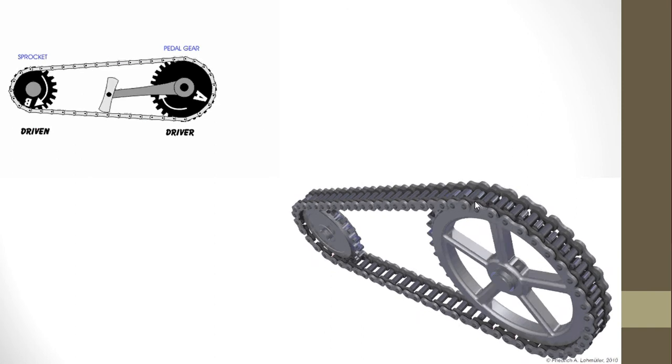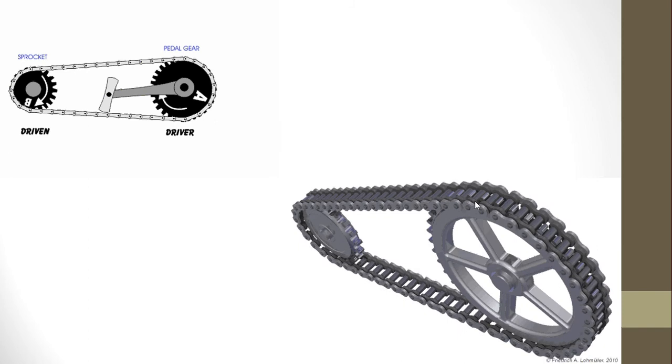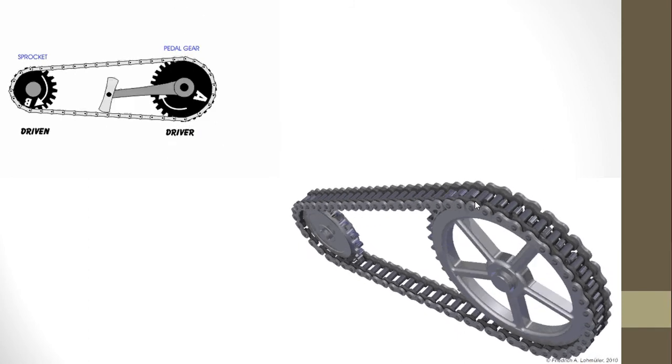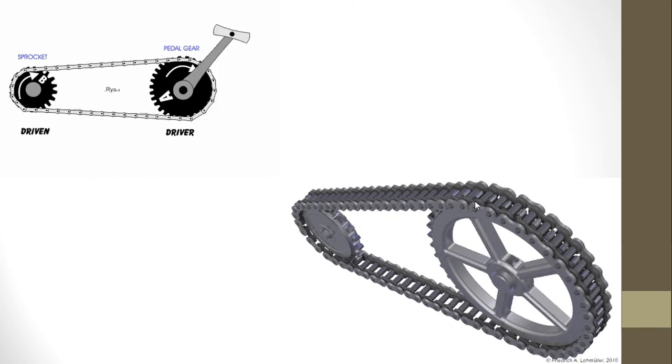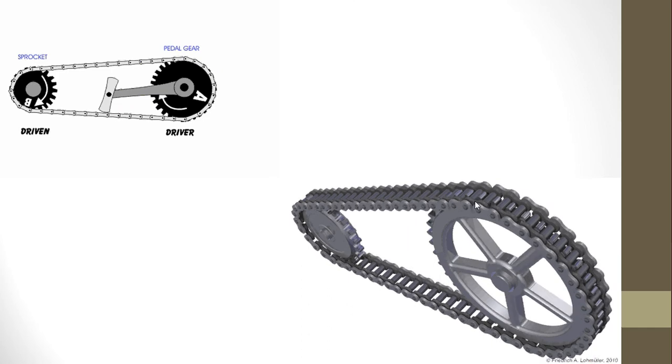That is the driven one. In a bicycle, only the rear wheel is driven, and the front wheel is free to move. At the top left there is a simulation of how your wheel works.